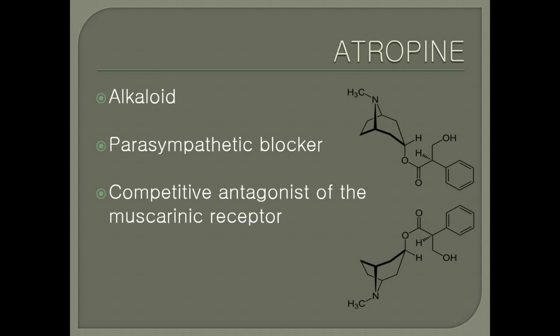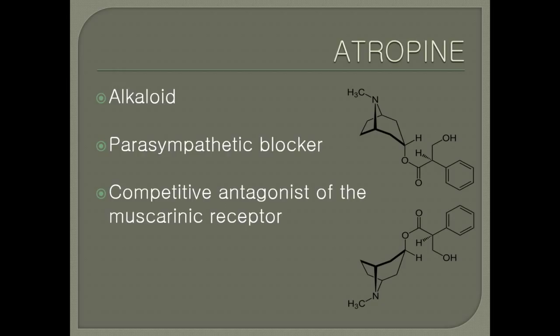A parasympathetic blocker is a chemical compound that binds to a parasympathetic receptor. Atropine mainly blocks the muscarinic receptor, thus it causes various symptoms such as smooth muscle relaxation. A competitive antagonist of the muscarinic receptor is a receptor antagonist that binds to the receptor but does not activate the receptor.